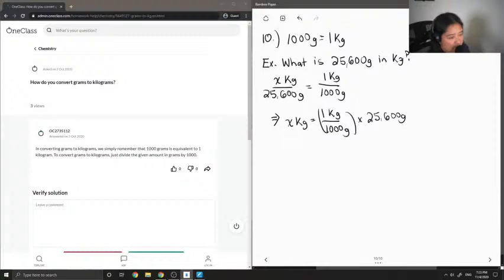So this is the same as saying it's 25,600 divided by 1,000. And then you end up with x being equal to 25.6 kilograms.